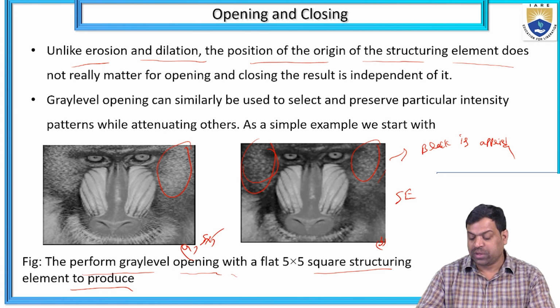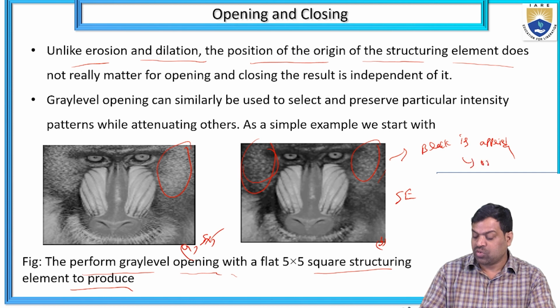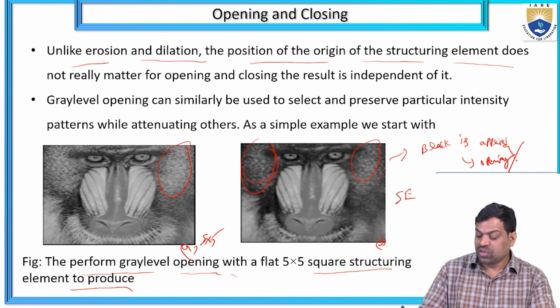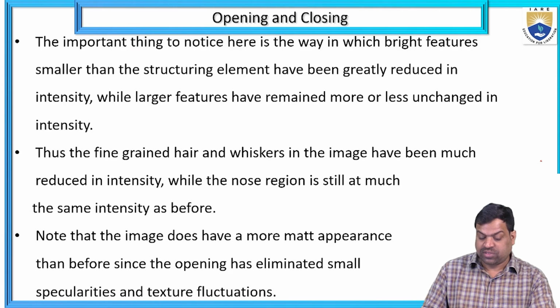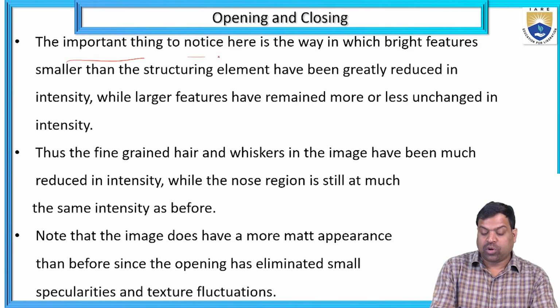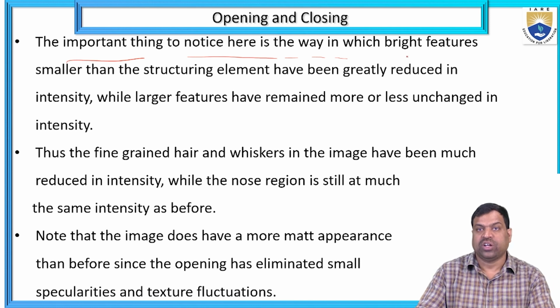So opening means black is applied, that is the opening, with the structuring element. The important thing to notice is that bright features smaller than the structuring element have been greatly reduced in intensity, while larger features have remained more or less unchanged in intensity.